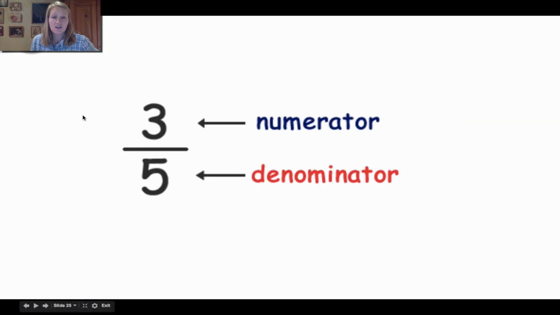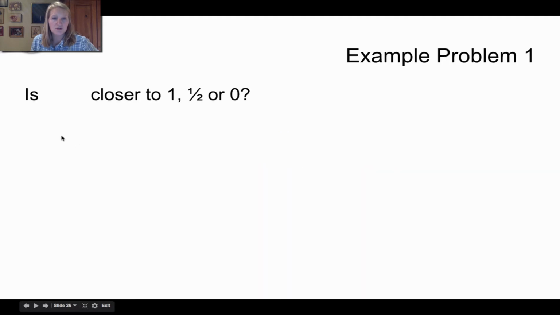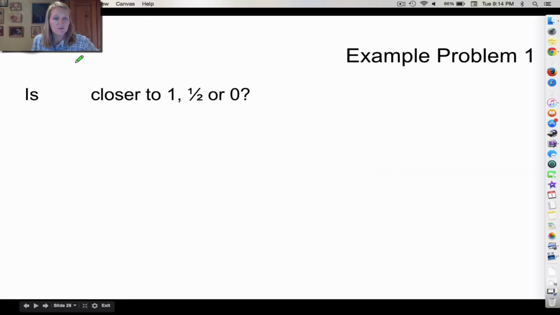So let's jump into vocabulary, of course, numerator and denominator, and those will be fairly crucial when we look at our rules. The rules may be helpful and the rules may not. It may be so logical to you that you don't really need to look at the rules. But one homework type of question will be something like, is 11/16 closer to 1, 1/2, or 0?